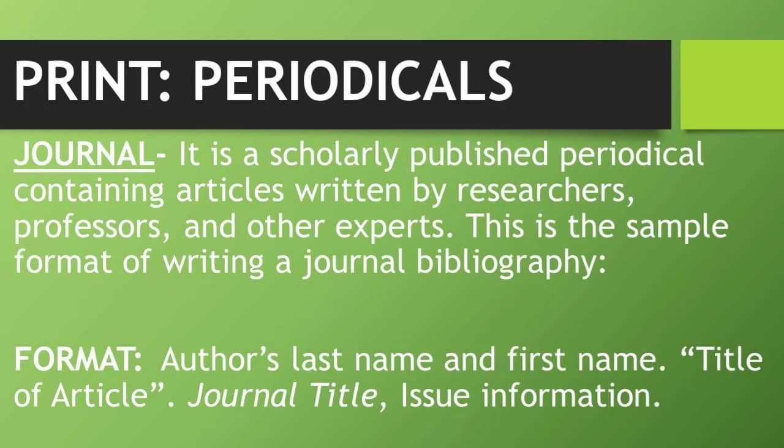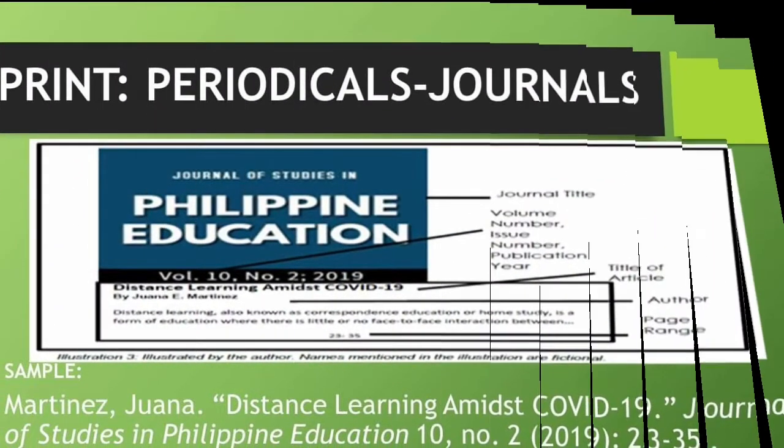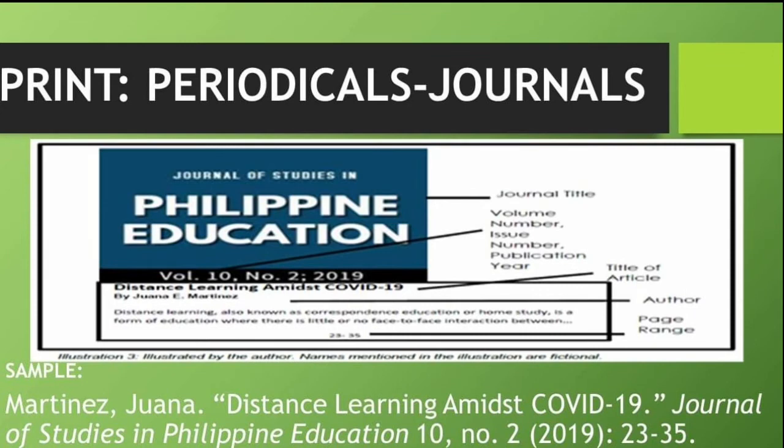Okay, so let's check the example that we have here. As you can see, we have here the name of the author, which is written in a last name first basis, Martinez Juana.